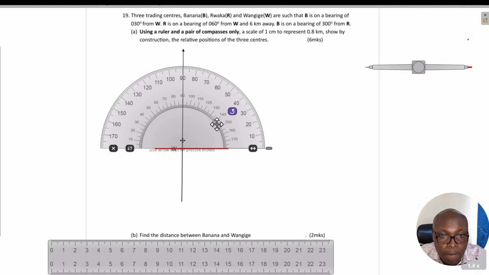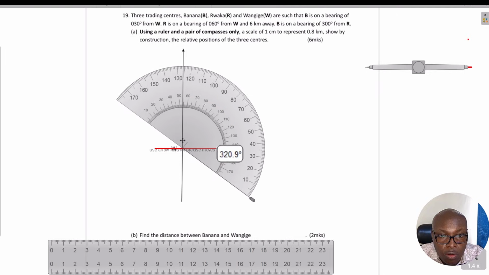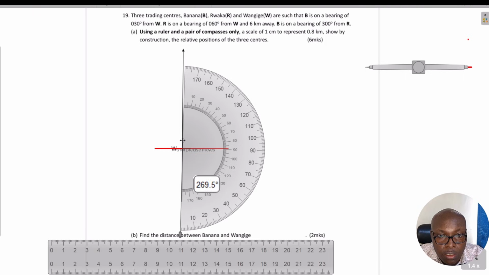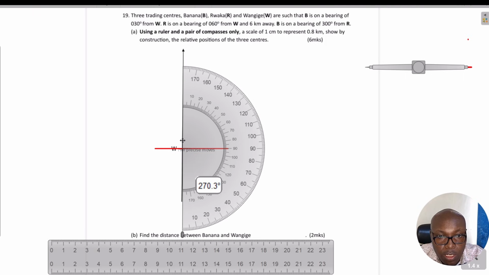So 060 from the north in a clockwise direction. This is the way you're supposed to measure that. So 60 is there, so you draw a straight line here from this point, and I have to extend that.